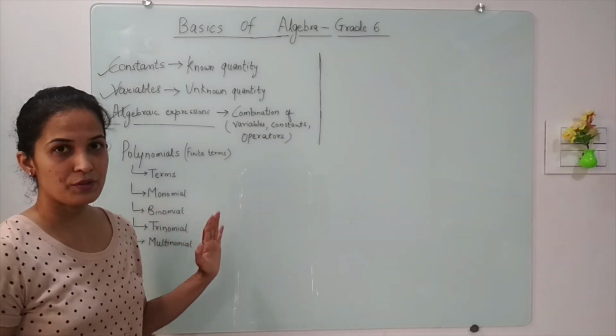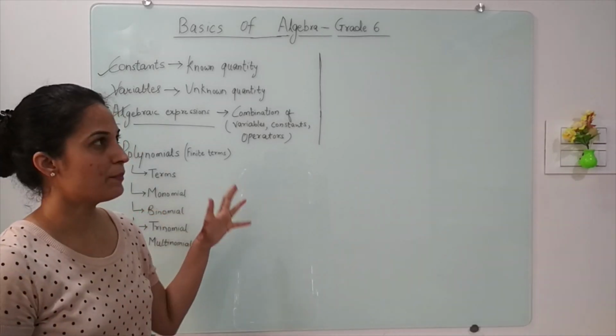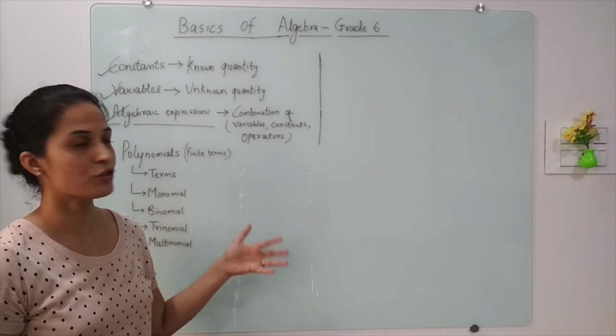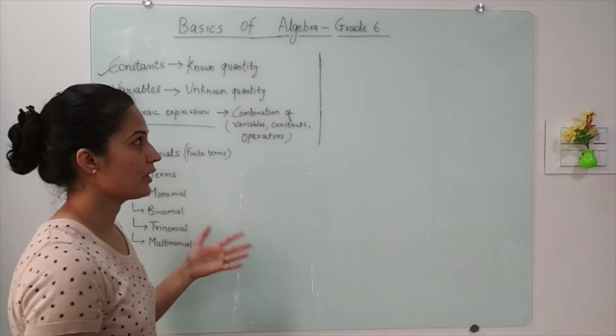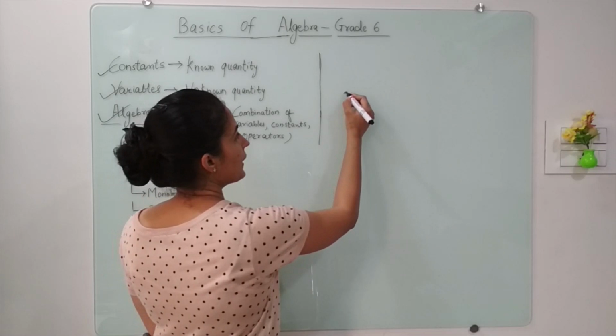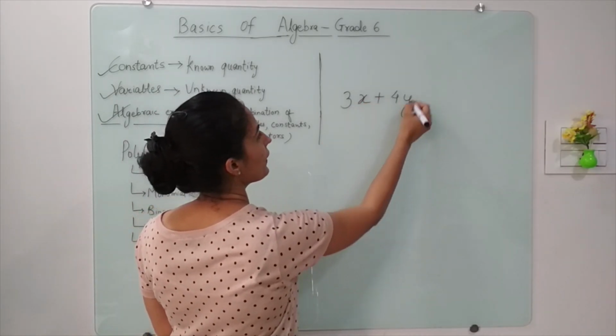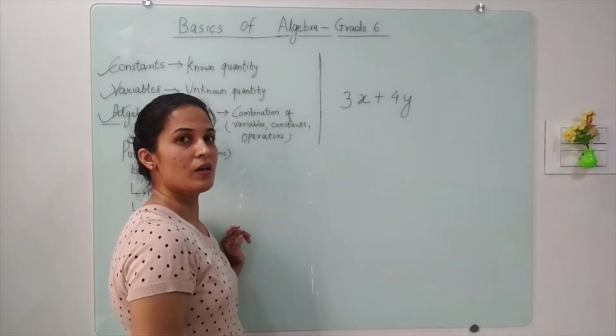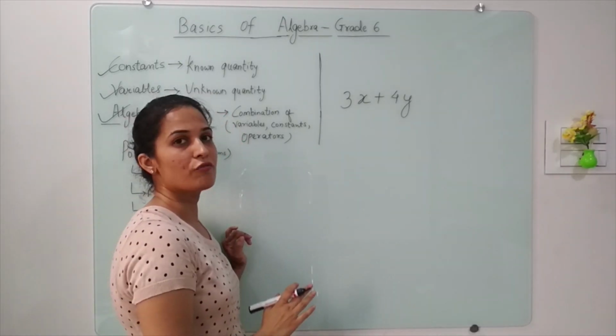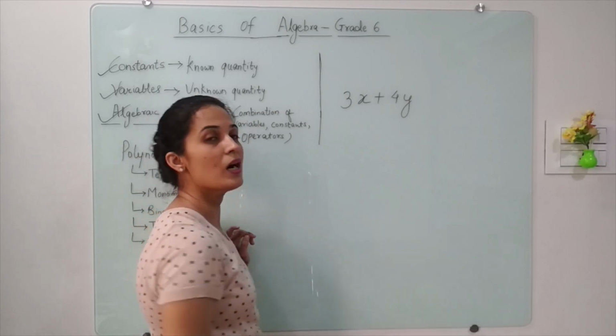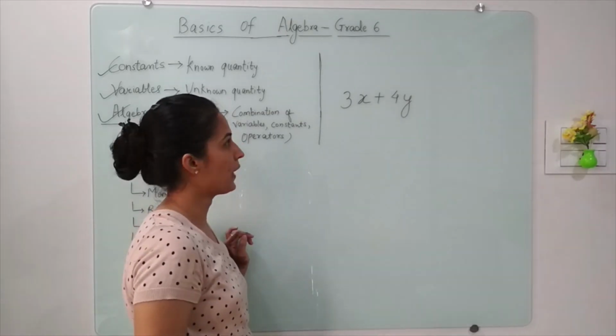Now we have seen previously the example of the total cost of 3 oranges and 4 mangoes. And how did we write that? We write that as 3x plus 4y, where x is the assumed cost of one orange and y is the assumed cost of one mango.